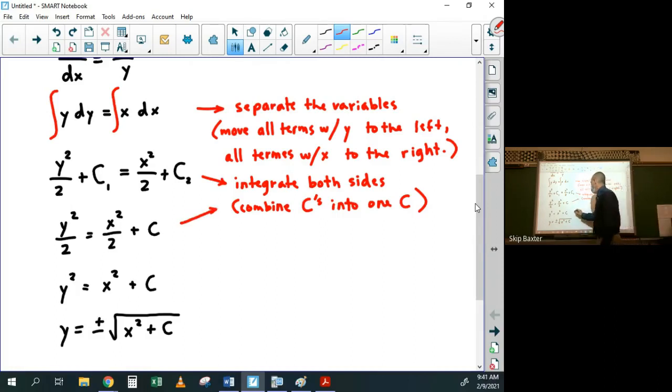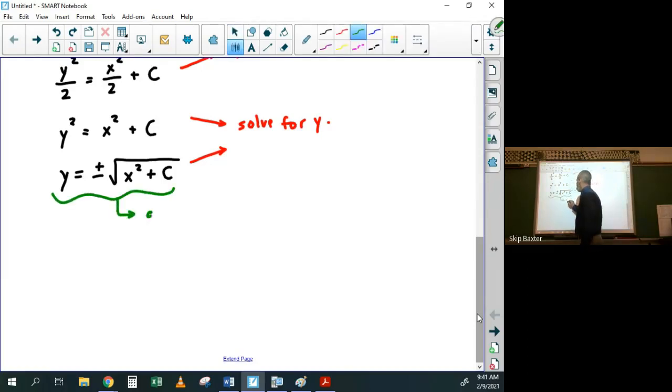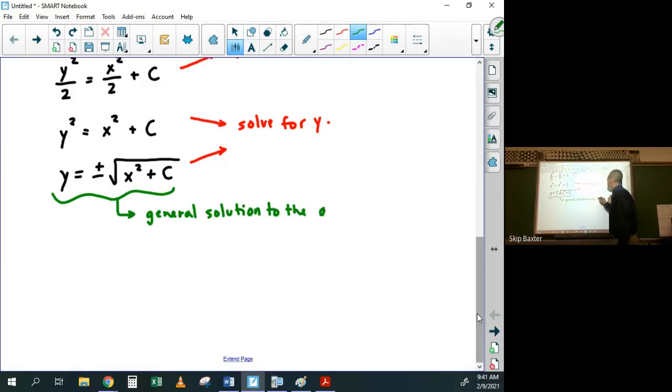And then in these 2 steps, I'm just solving for y. So this is the general solution to the differential equation, dy dx equals x over y.